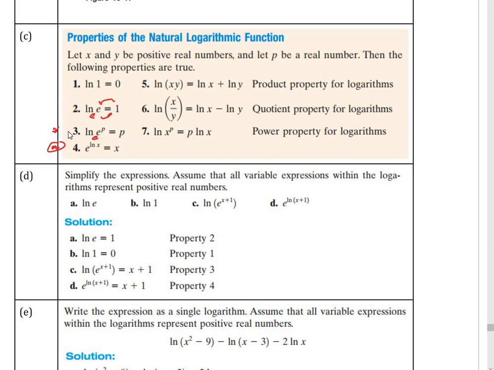If you take ln of e to the power, you get the exponent back, and if you take e to the ln x, you get the x back.